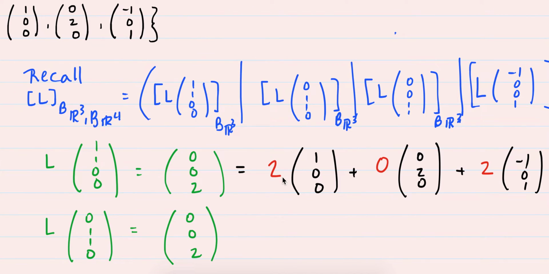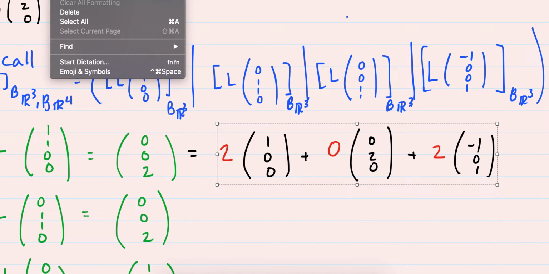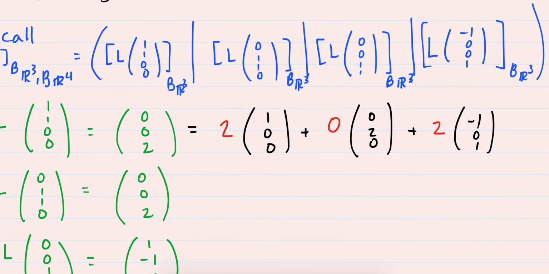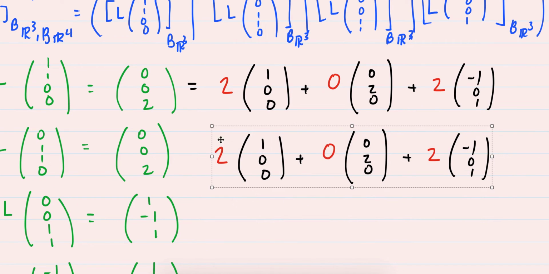And what's really nice about this is this vector here is the same as this one. So this column vector here will also be 2, 0, 2. So let me just copy this, because this is the same.